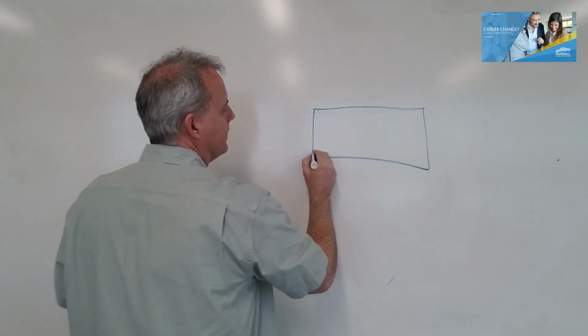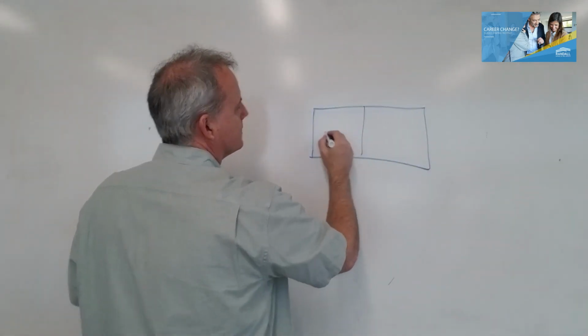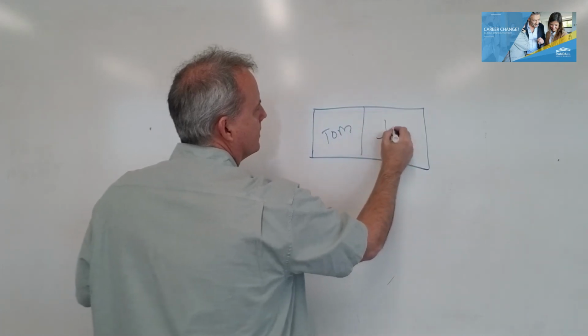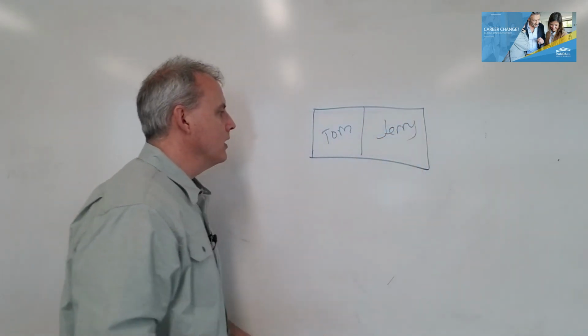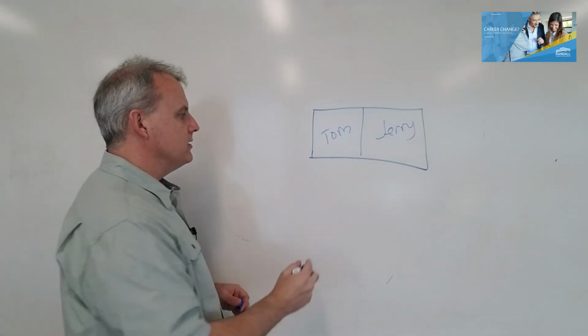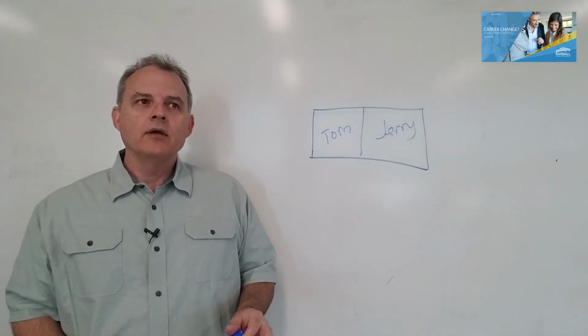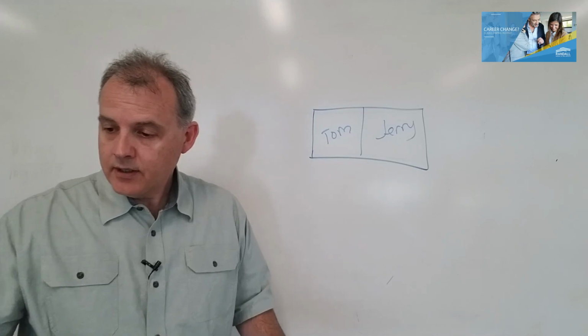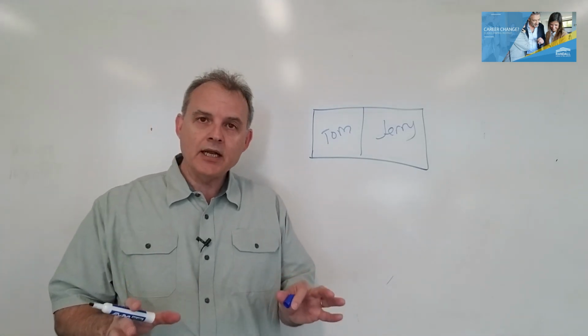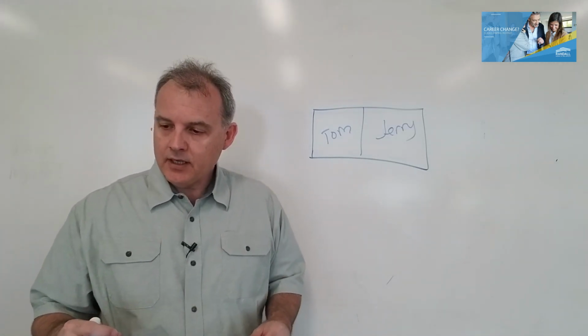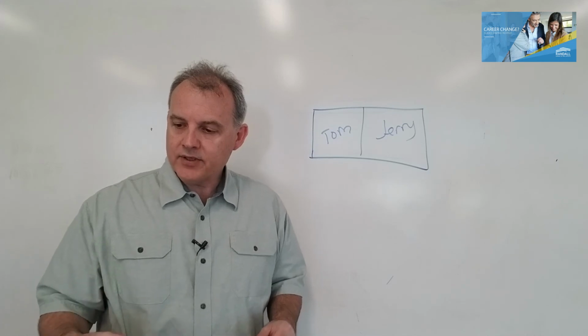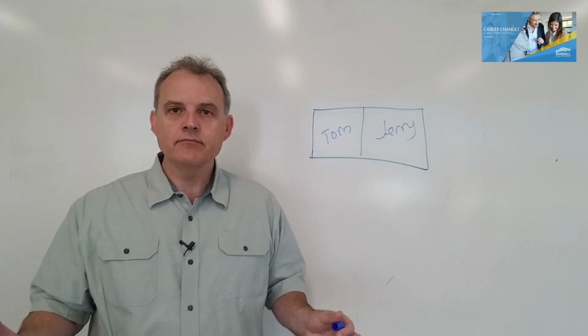So let's say, remember Tom and Jerry? Tom and Jerry buy a grocery store and they own it, tenants in common. Now the great thing is, remember back to joint tenancy on page 84, for joint tenancy to exist, the time, the title, the possession, all have to be the same, right?